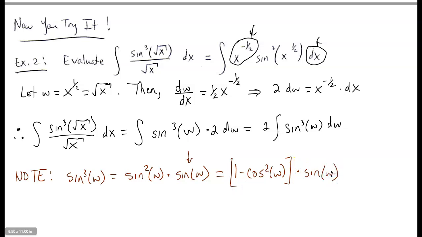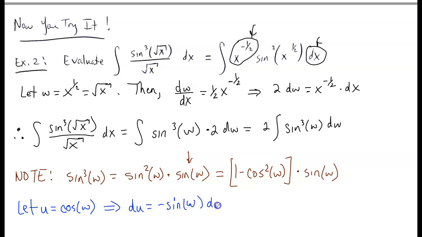And now that we have it in this form, what we can do is use substitution again, but we're going to say let u equal cosine of w. And that's going to imply that du is equal to minus sine of w dw.